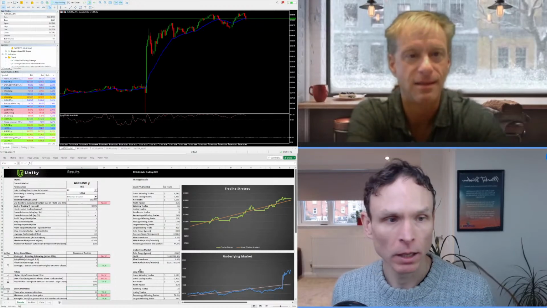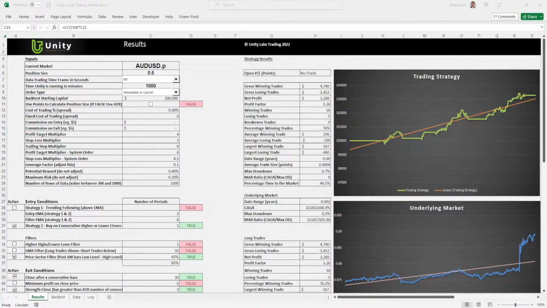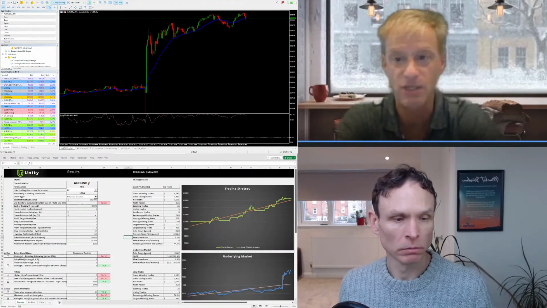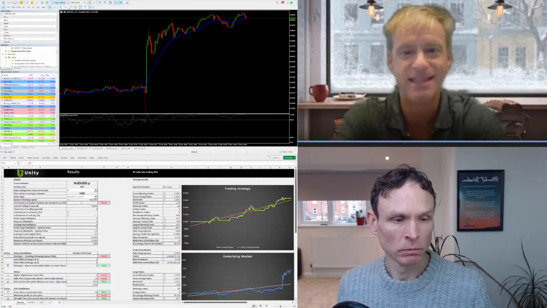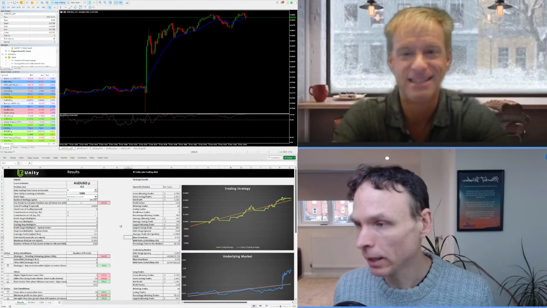I'll zoom in one more time and point you to the end of the capital line here, where we're not taking any trades because we're too overbought according to the price filter. So it's going to wait for a little bit of recovery, and once it gets back down into the normal ranges, it'll start trading again. That's exactly what it is doing.